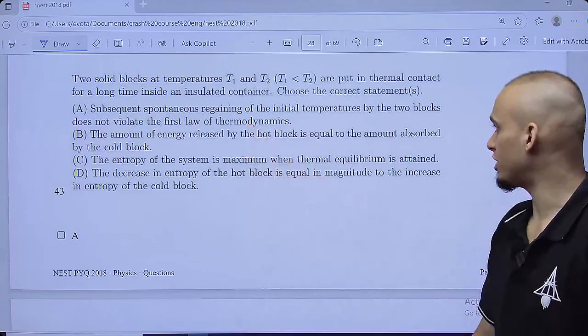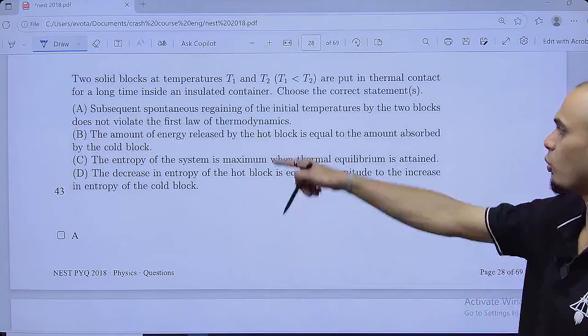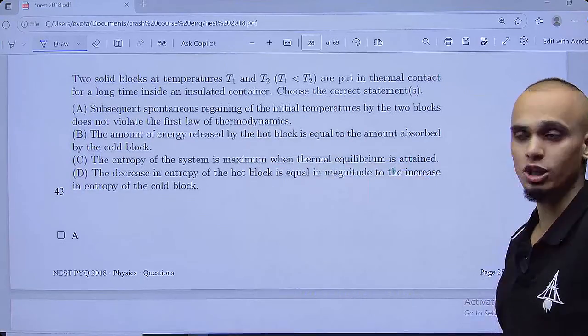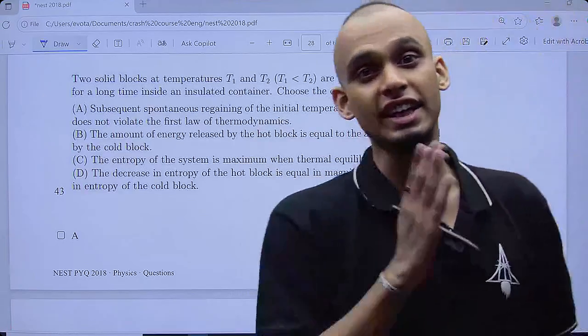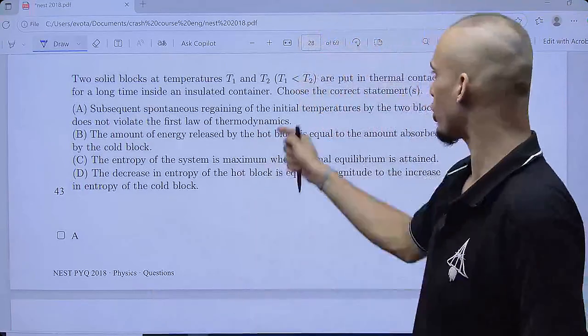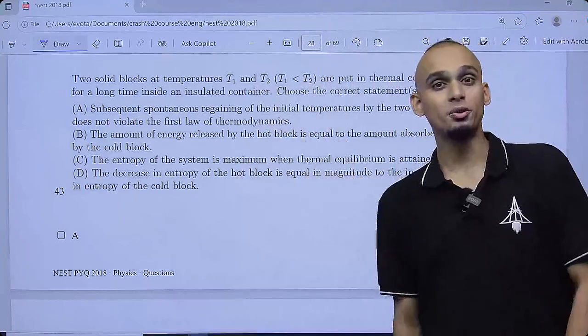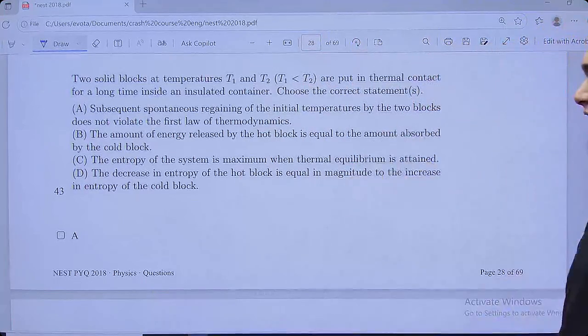Spontaneous regaining of initial temperatures by two blocks does not violate the first law of thermodynamics. What is the first law of thermodynamics? That the heat transferred from the hot object to the cold object should be equal to the heat received by the cold object, right?